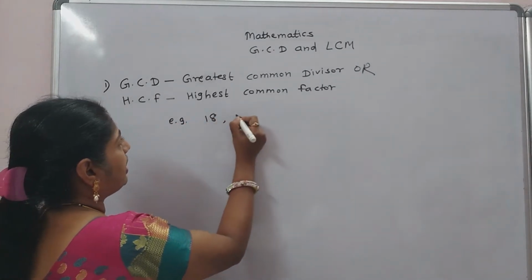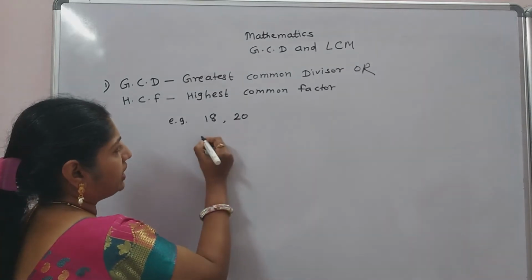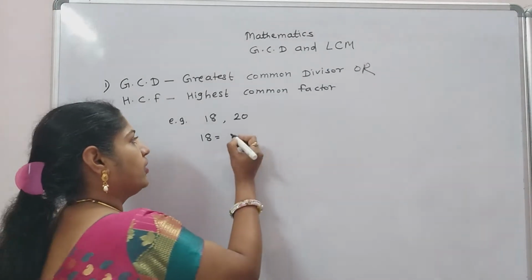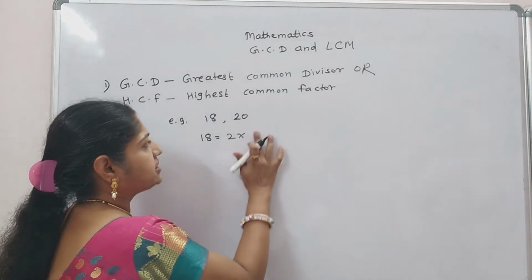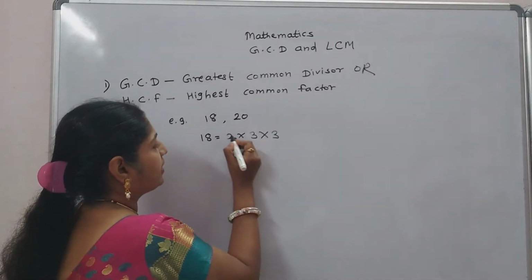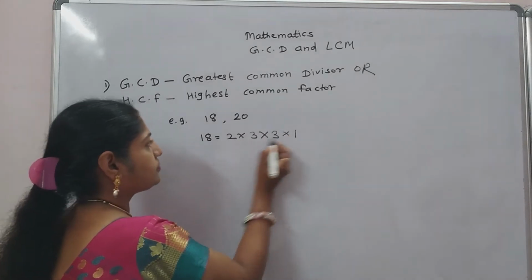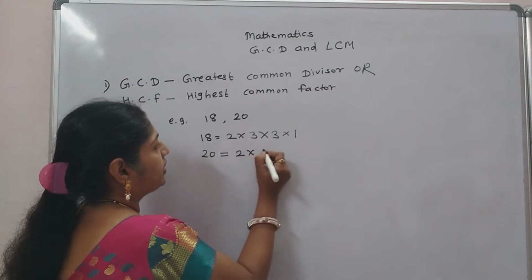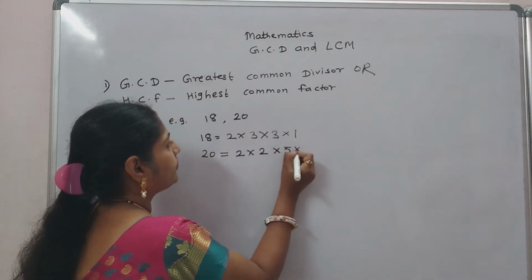18 and 20. Find the GCD of 18 and 20. First, write the factors of 18: 2 into 9, that is 18, and 9's factors are 3 into 3. So the factors of 18 are 2 into 3 into 3 into 1. Factors of 20: 2 into 10, 10 is 2 into 5, so 2 into 2 into 5 into 1.